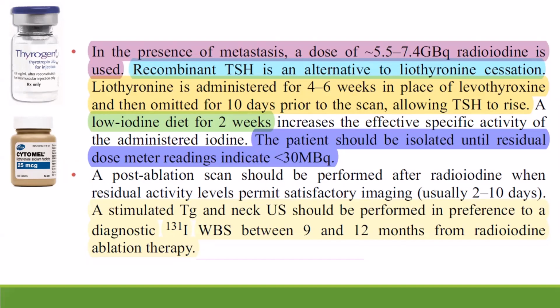And the alternative is by giving recombinant TSH without stopping liothyronine or levothyroxine. Liothyronine is administered for 4 to 6 weeks in place of levothyroxine and then omitted for 10 days or 2 weeks prior to the scan, allowing TSH to rise more than 30.